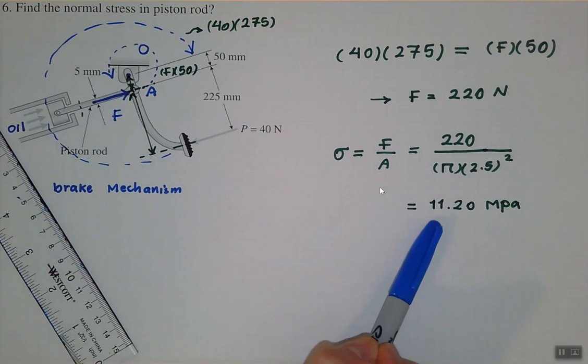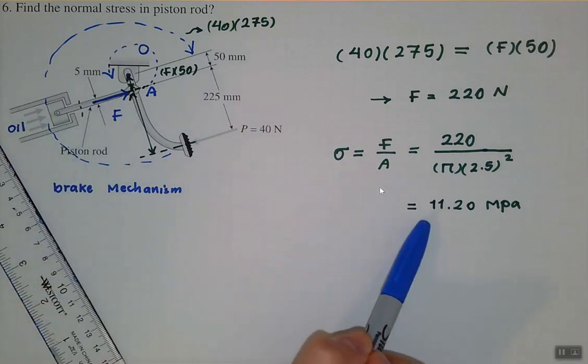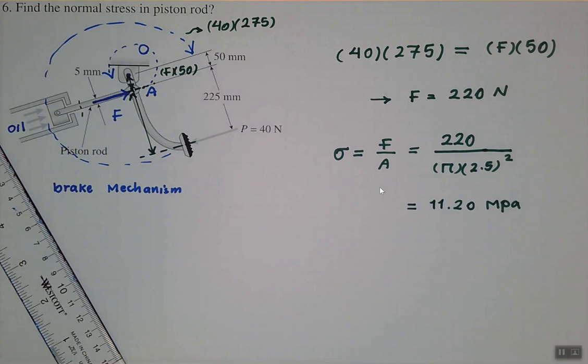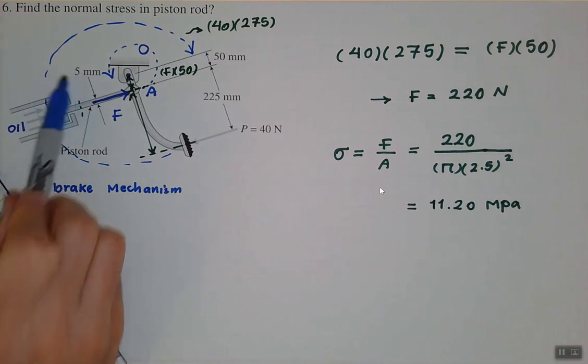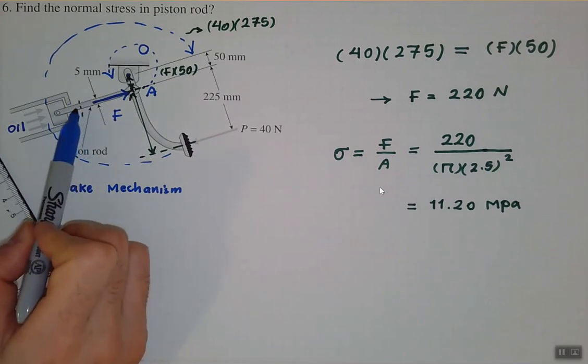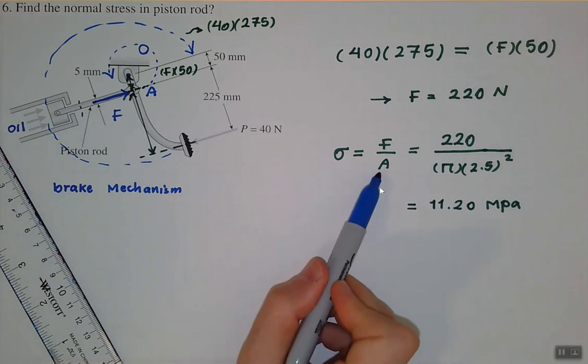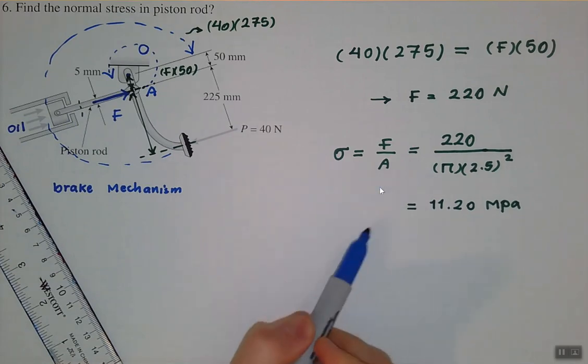If we pick a material whose strength is less than this stress, it's going to fail, right? Or maybe we pick a particular material, let's say steel, then we have to work on the diameter. If the stress is too much, we simply use a thicker, bigger rod, because the bigger this A, the lower the stress.